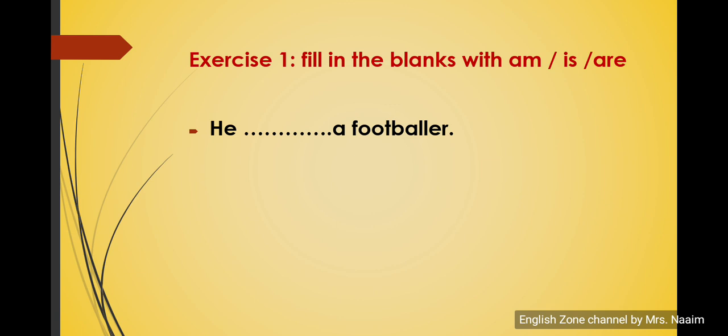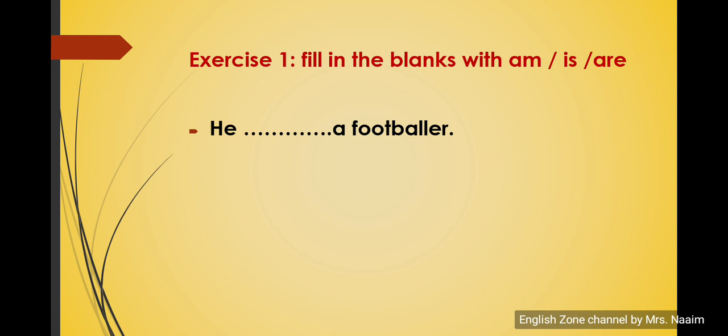So what is the appropriate form here? Is it am, is or are? Let me give you some time to think about the answer. Good job. So the appropriate one here is, so he is a footballer. هو لاعب كرة قدم. He is a footballer.